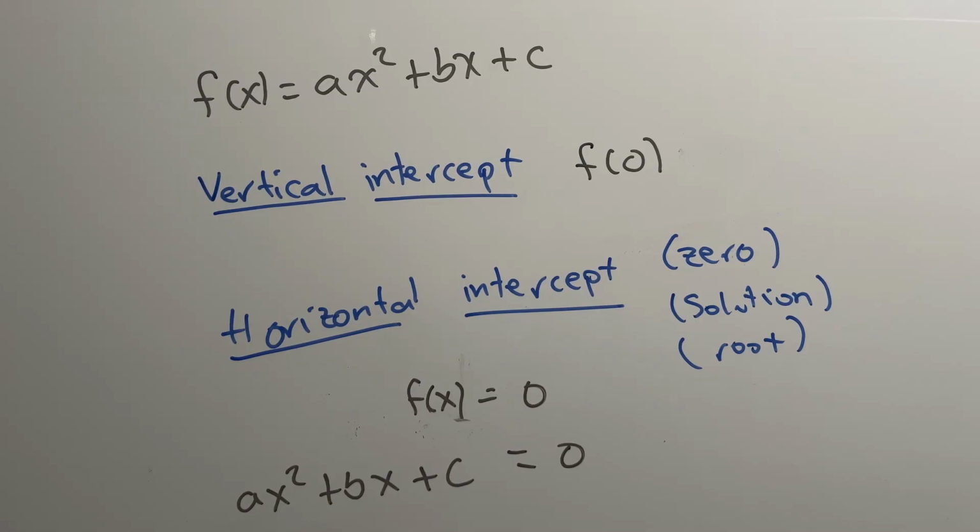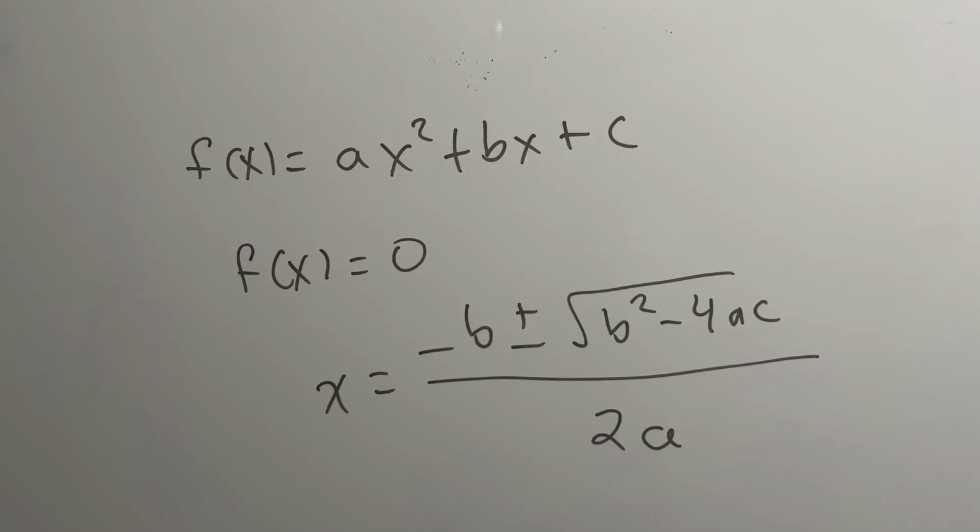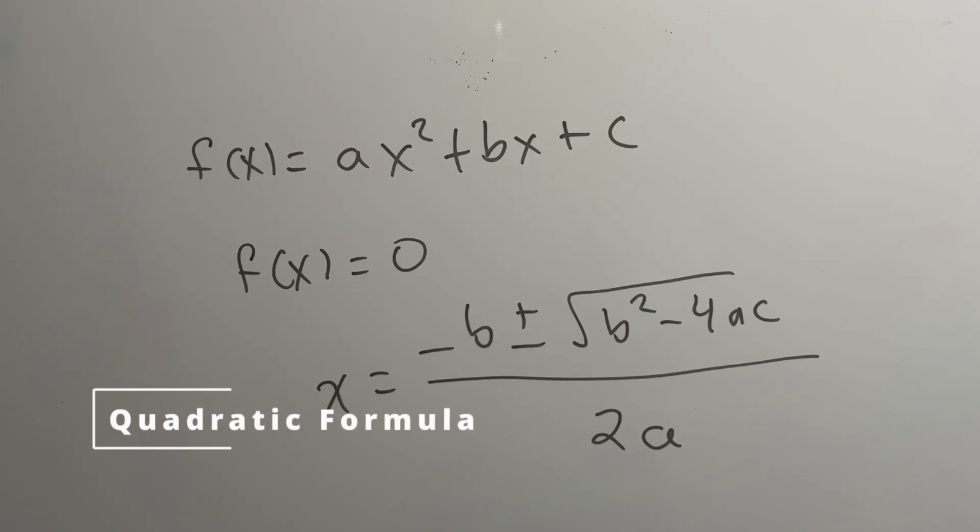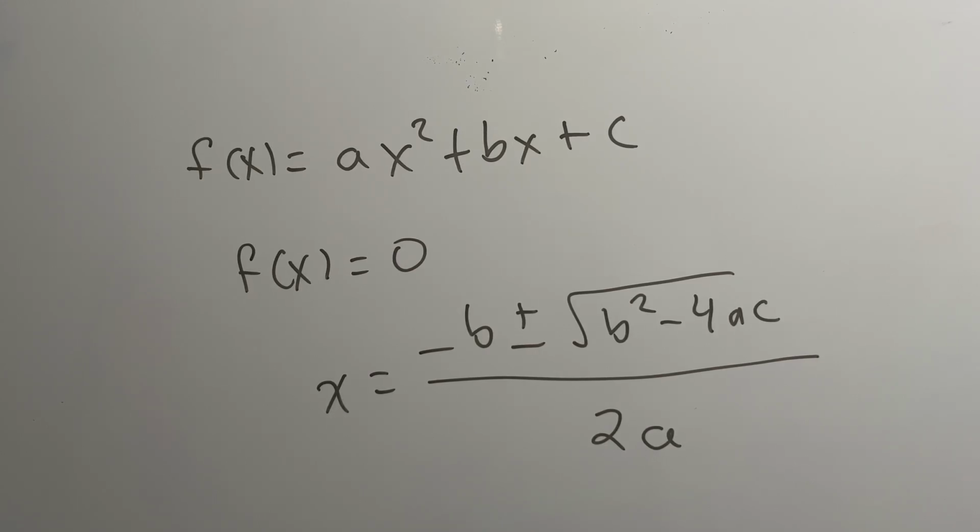So we have f of x should be 0, so that means that a times x squared plus bx plus c is 0. And this might be a little bit hard sometimes to solve, but we are very lucky because for quadratic functions there is a method that will always work. For a quadratic equation in general form, to find the horizontal intercept, or the root, or the 0, or the solution, all these names mean exactly the same thing, we can use the following formula.